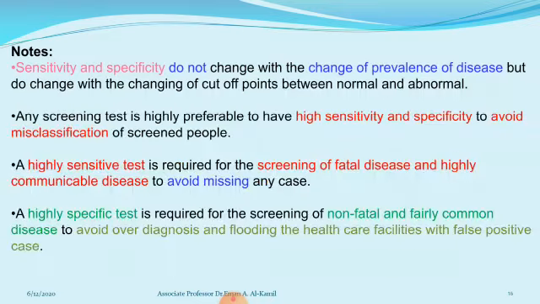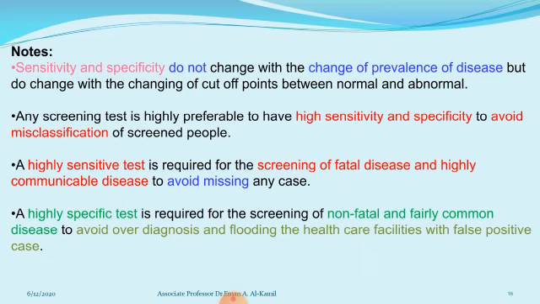So for the abbreviation of this, we have some important notes, which include: sensitivity and specificity do not change with the change of the prevalence of the disease, but do change with the changing of the cutoff point between normal and abnormal, and we are going to discuss that.